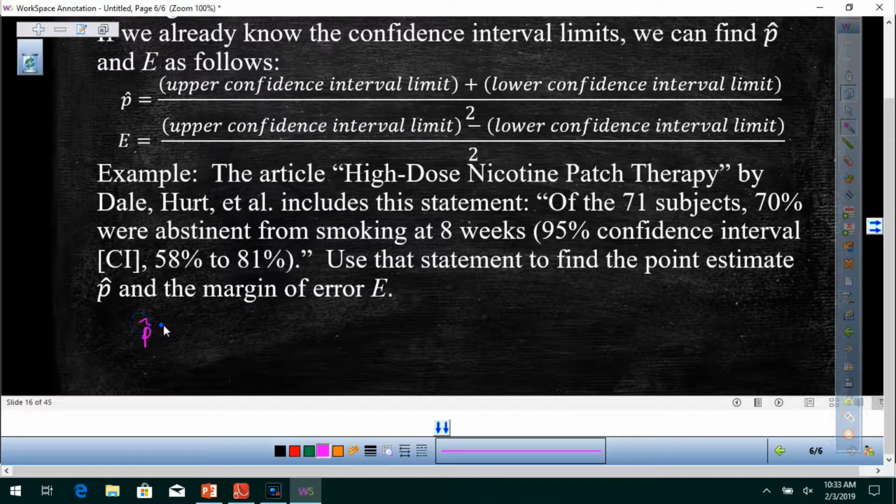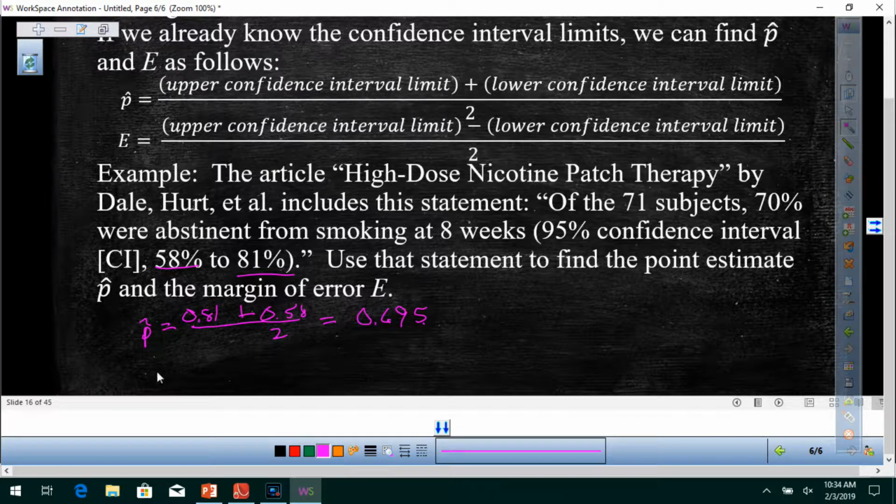So let's find it for P hat. P hat equals 0.81 plus 0.58 divided by 2, and that is 0.695. All right.